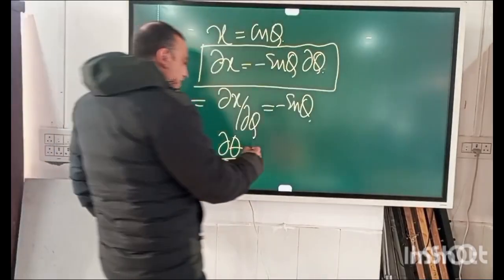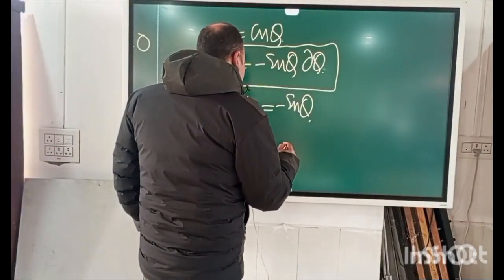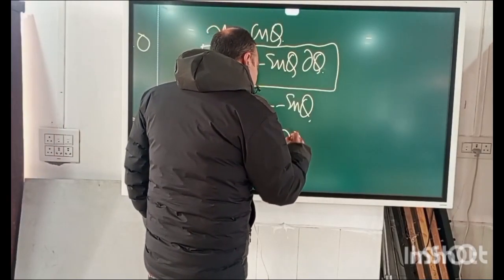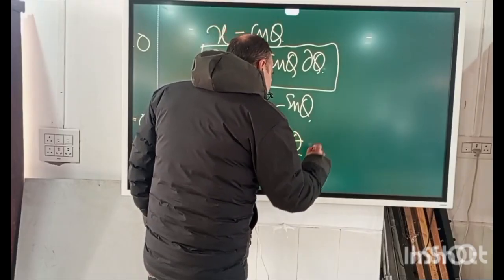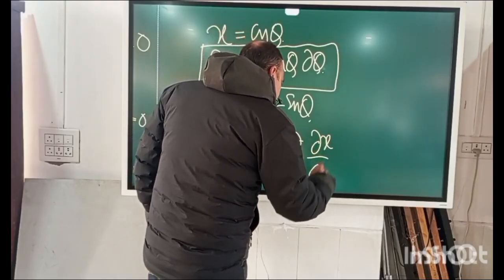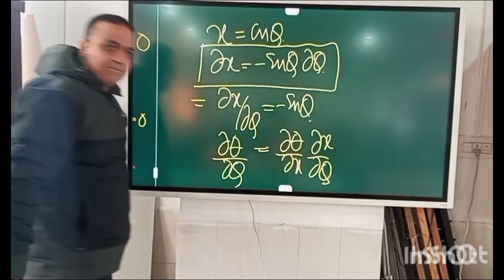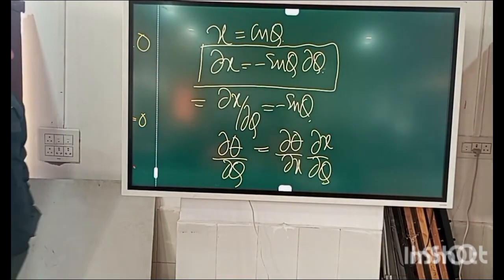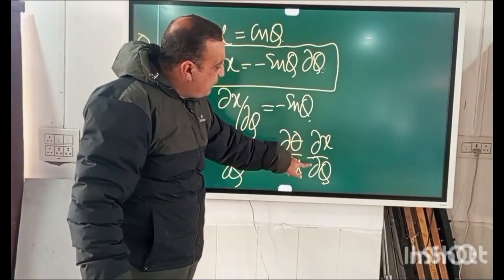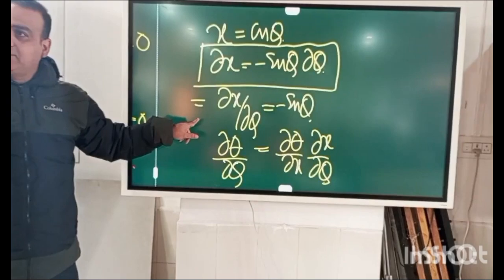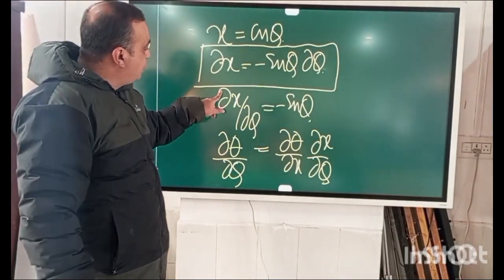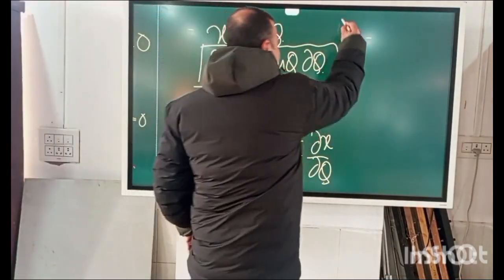Now, can I write this using what you generally call the chain rule? This is dou capital theta by dou x times dou x by dou theta. I can do that. This dou x by dou theta is already calculated, so I can use its value. What will I get?